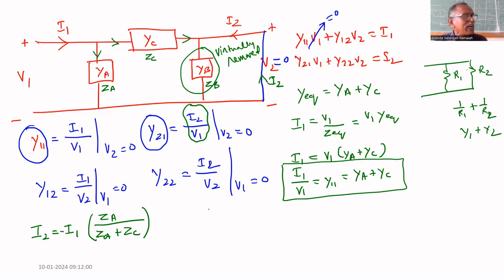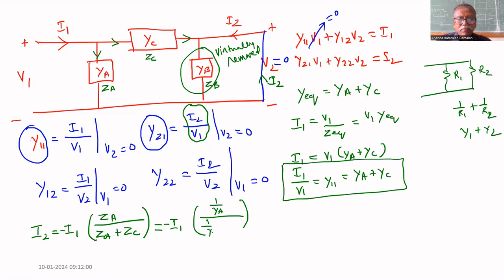Why did I put the minus sign there? Because the part of I1 is assumed as I2, which is just opposite to I2. That's why I have to put minus I1 ZA divided by ZA plus ZC. What is ZA? ZA can be written as 1 by YA.